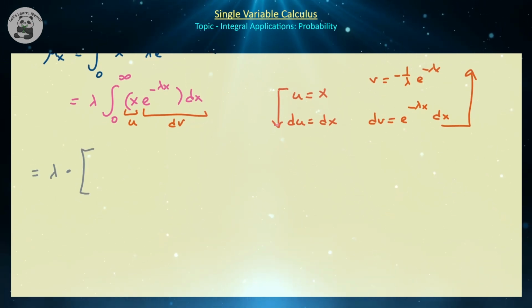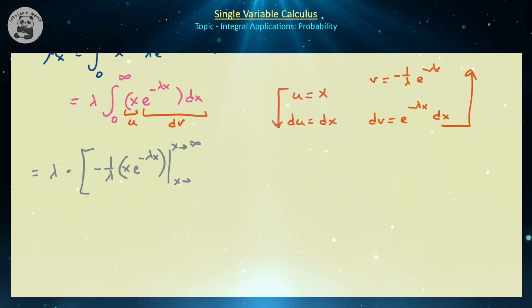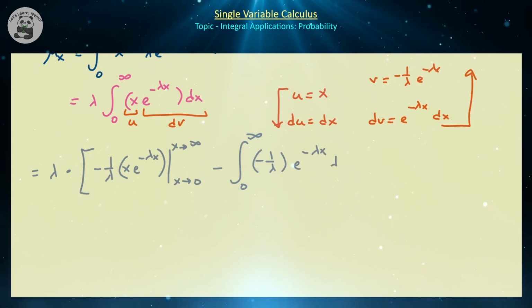So lambda times uv, and keep in mind we still need to apply our limits, minus the integral of v du. Right? So a couple things here.